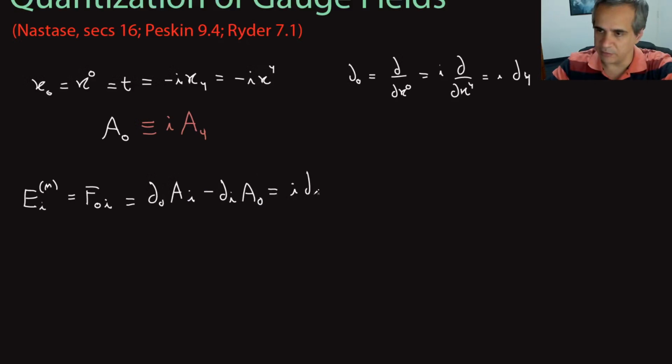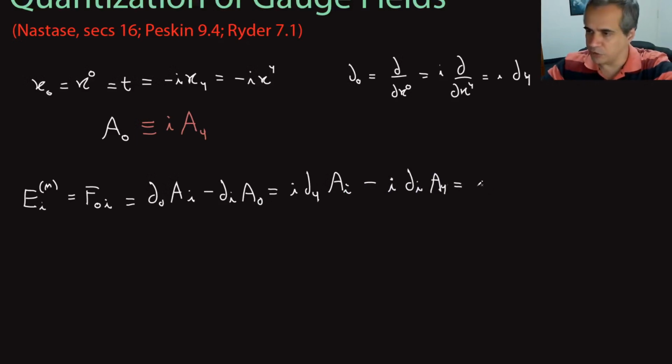So from the derivative I get an i, and I can write this in terms of del 4, right, A i, and in this other expression I use this, right, so it's i del i A4, which is the same as i F4i, which I define as the Euclidean i times the Euclidean electric field, right?